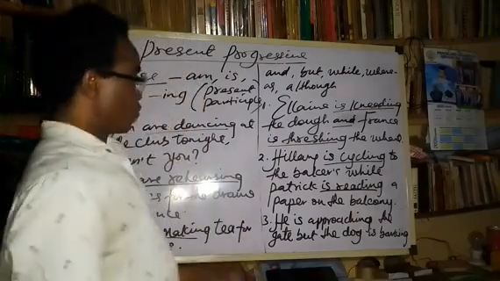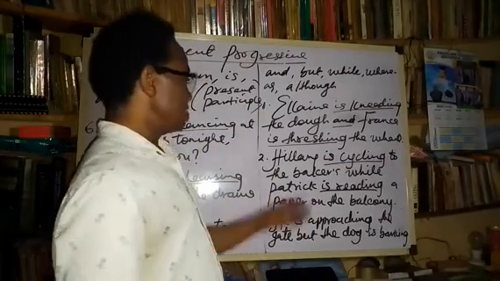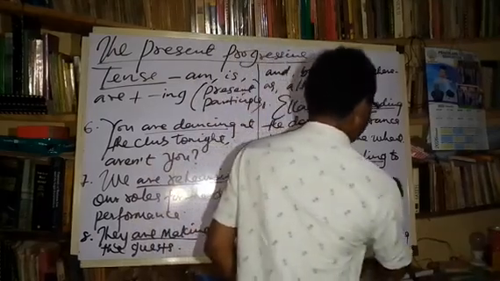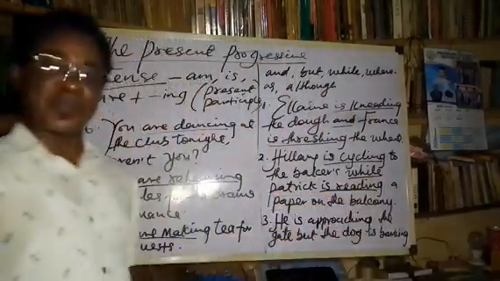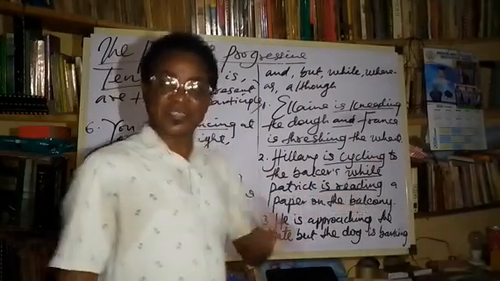So in number 2, we have Hillary is cycling and Patrick is reading. Both sentences are joined at the center by while, which is a conjunction.